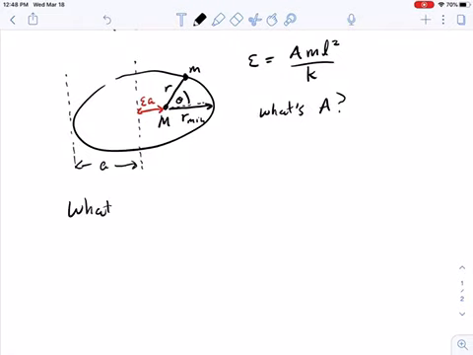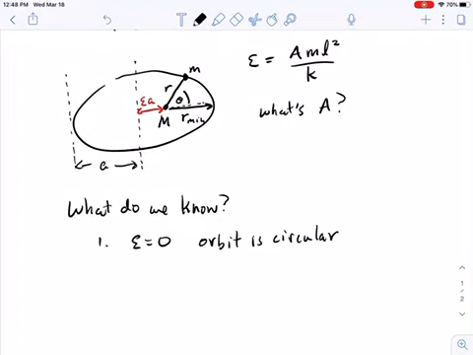So what do we know? Well, from those plots, by the way, those plots will show up on the course website along with a link, of course, to this video. One, epsilon equals 0, we just get an orbit that is circular. So that's probably not surprising.